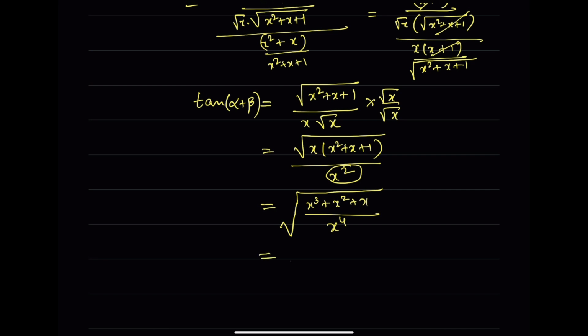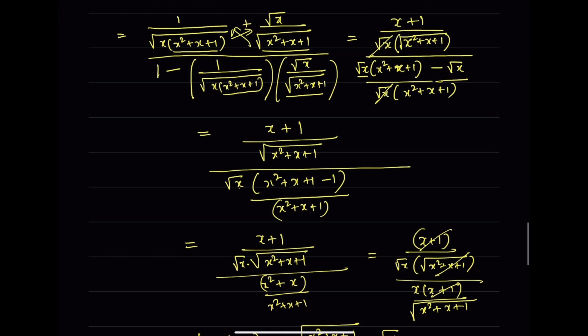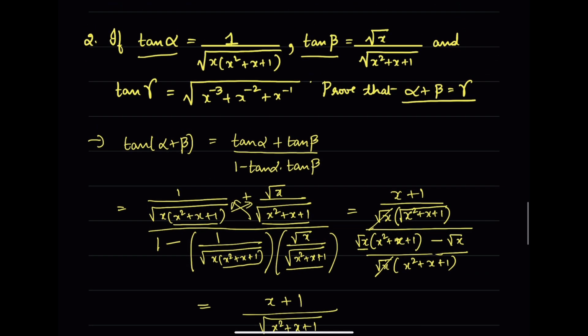Now we divide each of these terms, we would get x to the power of minus 1 plus x to the power of minus 2 plus x to the power of minus 3. So this is tan of alpha plus beta. Now in the question, let's go back to the question. In the question, we have the information that tan gamma is equal to square root of x to the power of minus 3 plus x to the power of minus 2 plus x to the power of minus 1.